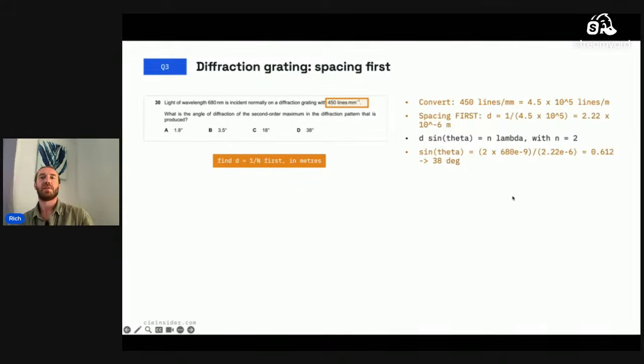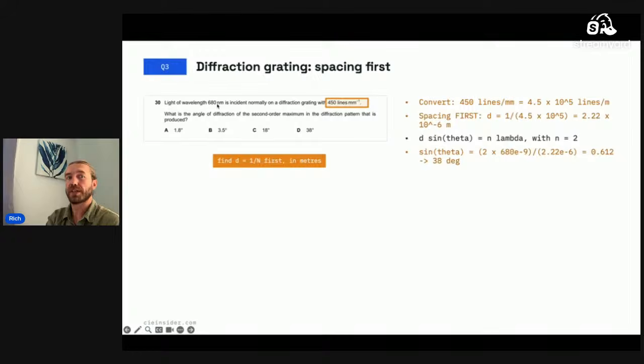We then need to use our formula. So d sin theta is equal to n lambda. And we need to make sure that we're looking at the correct order. It says the second order maximum, so n is going to equal 2. So sin theta is equal to 2 times 680 times 10 to the power of minus 9, because that's the nanometer.